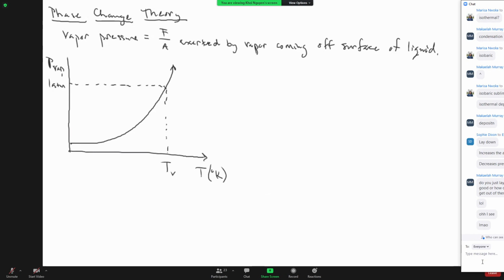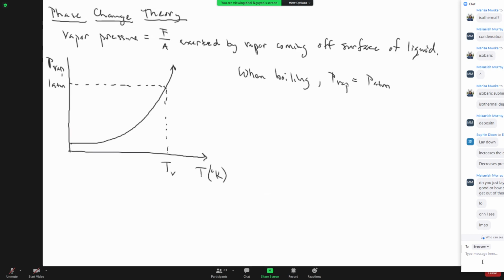So how do you get something to boil, right? Whatever that something is, when it's boiling, the vaporization pressure that we have from that liquid becoming a gas is equivalent to the atmospheric pressure.